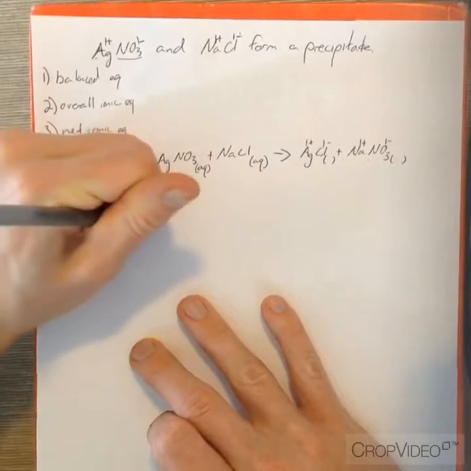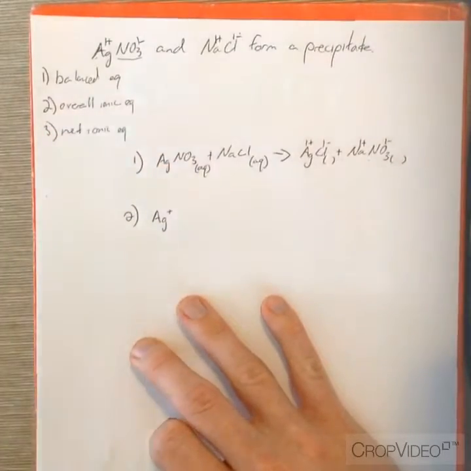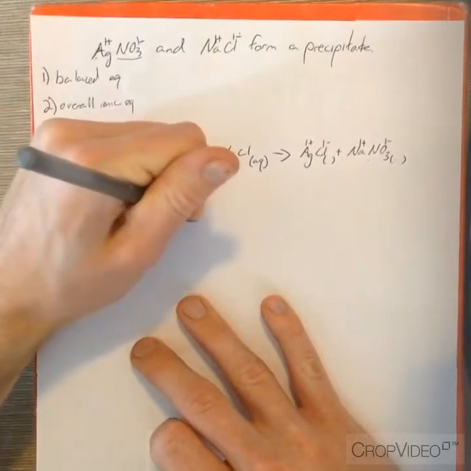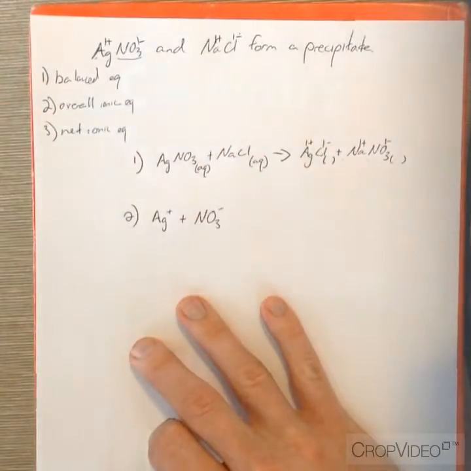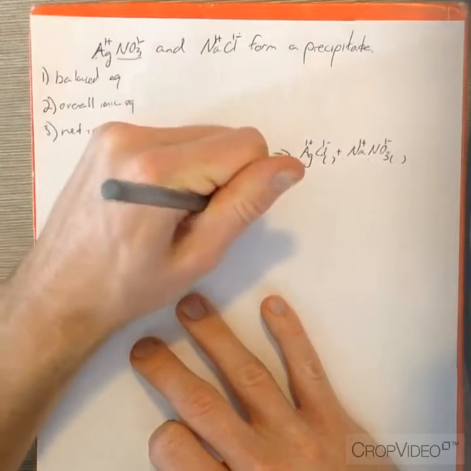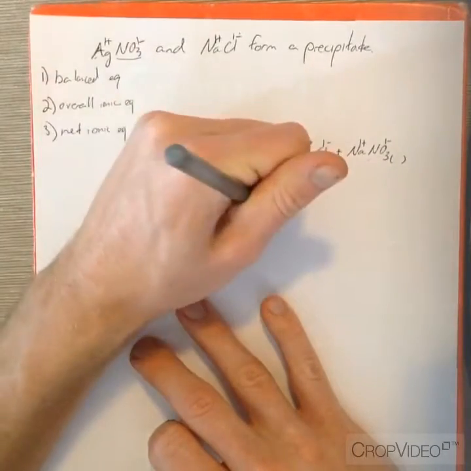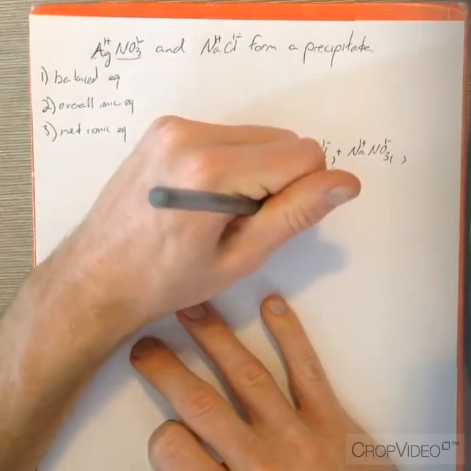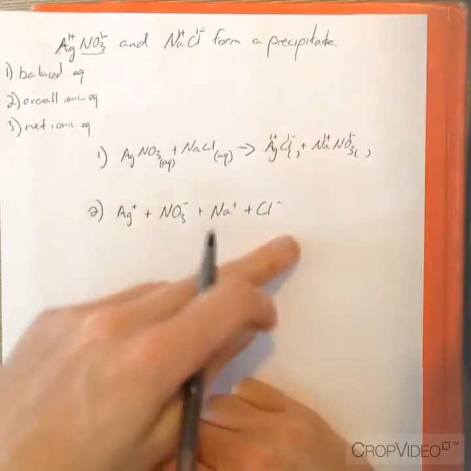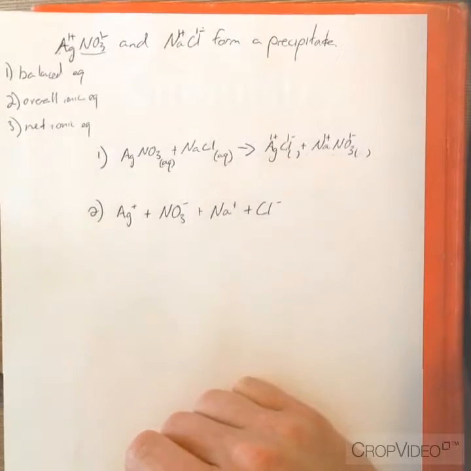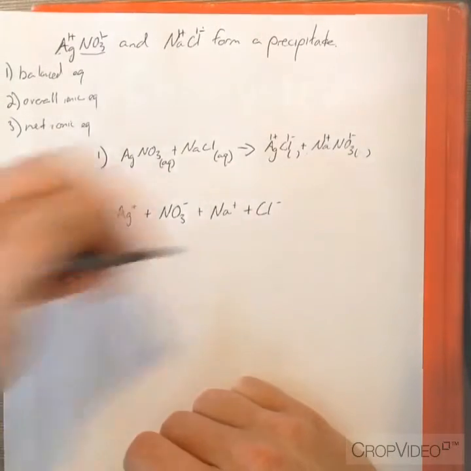So really what it looks like, and this is, I suppose, a more accurate portrayal of what is going on when we do the chemical equation, plus Na plus. So that is really what the reactant side looks like chemically when we just put the 2 solutions together.